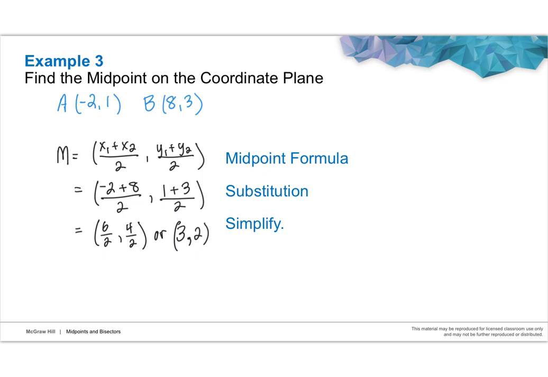See how these coordinates are pulled into the formula. So we take both of our x coordinates, -2 and 8, and we average them. And -2 plus 8 is 6, of course. Don't forget to take half of that. So we get 3 for our x coordinate. And running down our y's, we take our y coordinates, 1 and 3, and make a new midpoint out of them. So 1 plus 3, divide by 2, or 4 over 2, or 2. And so our final answer is the point 3, 2.